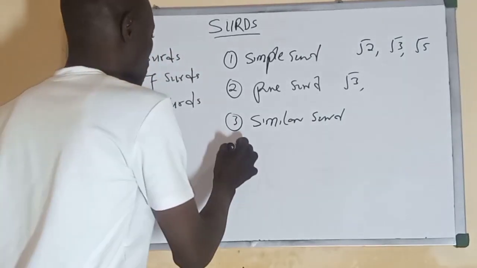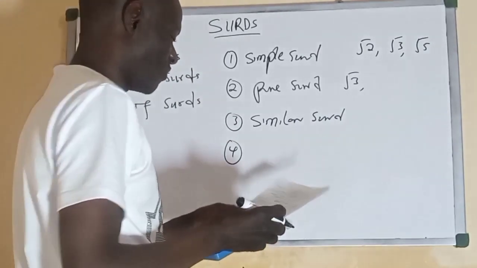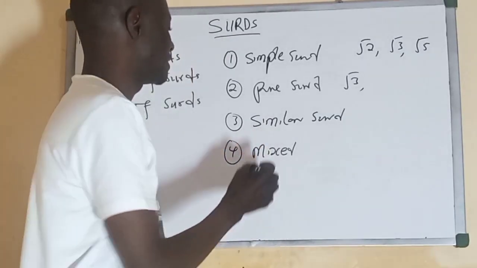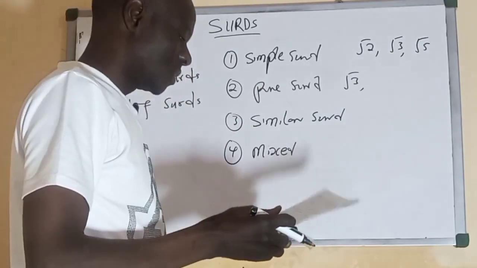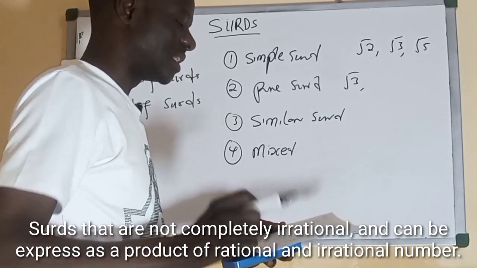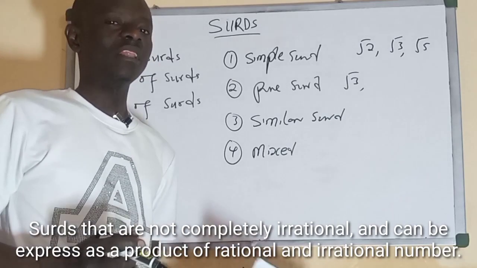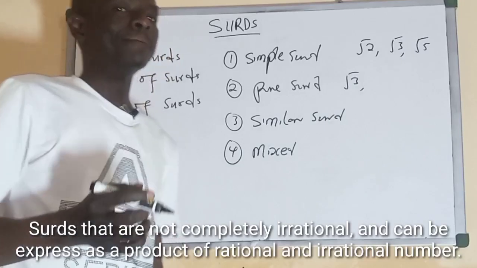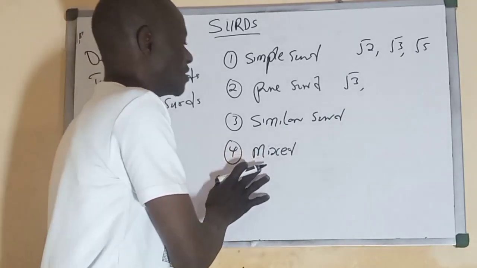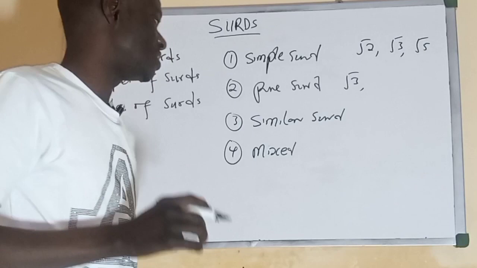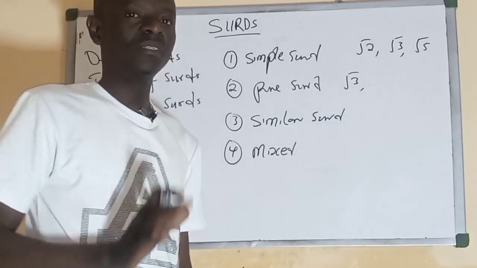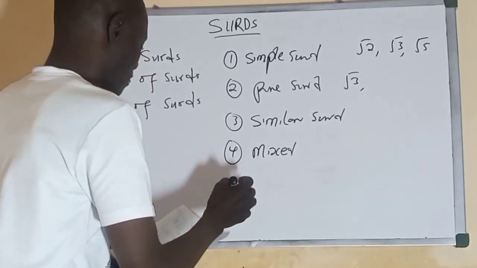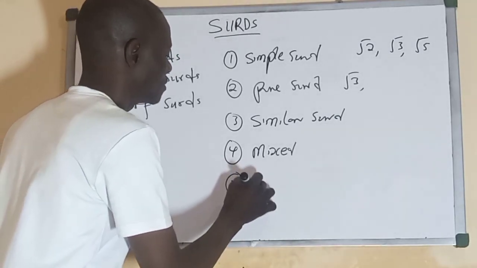We have number 4, mixed surd. A mixed surd is one that is not completely irrational and can be expressed as the product of both rational and irrational numbers. Any surd that cannot be expressed as a complete surd is considered a mixed surd. So we have number 5, binomial surd.